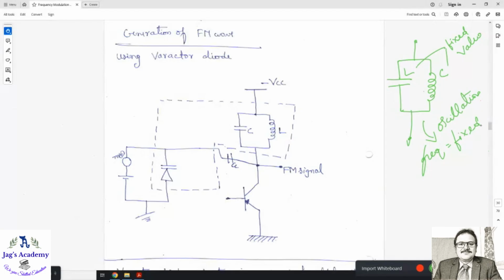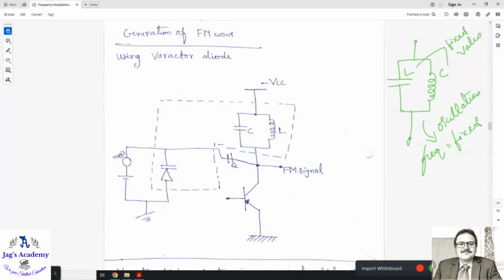What should I do with this L or C value? Come on, tell me. Think about it. If you understood the concept, I told you that if L and C values are constant, it is going to produce a fixed frequency oscillation.